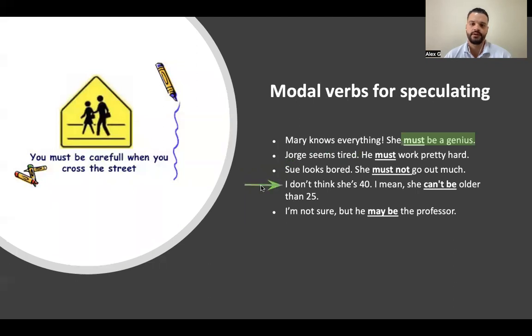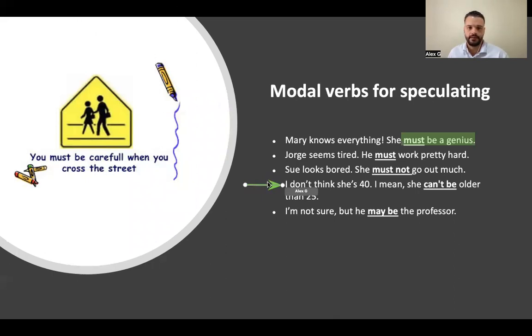The next one is going to be can't. So can't is a little bit stronger in the negation when compared to must not, because now we're very certain that this could not be or cannot be true. So the example says, I don't think she's 40. I mean, she can't be older than 25.